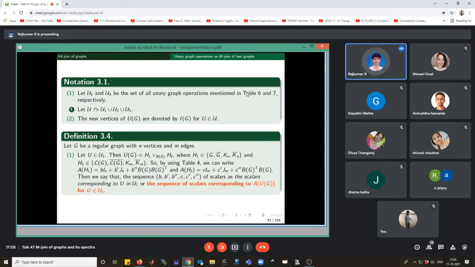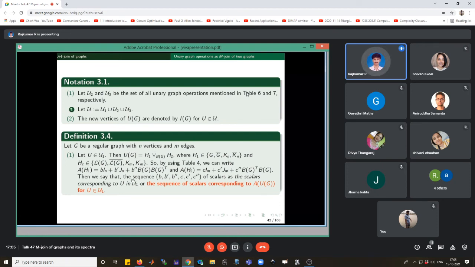Then we take script U as the union of these three classes U1, U2, U3. And we denote the new vertices of U of G as I of G for each U belonging to script U.